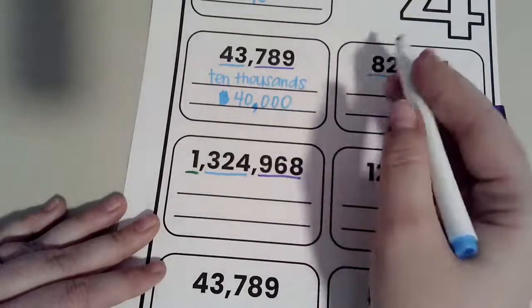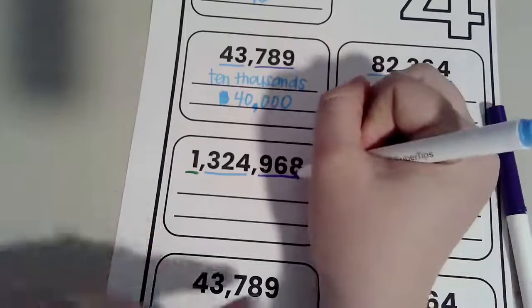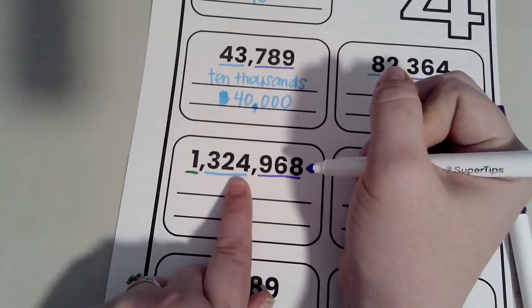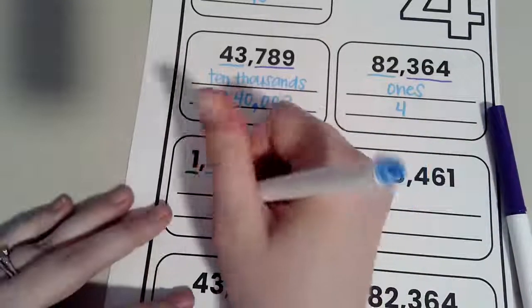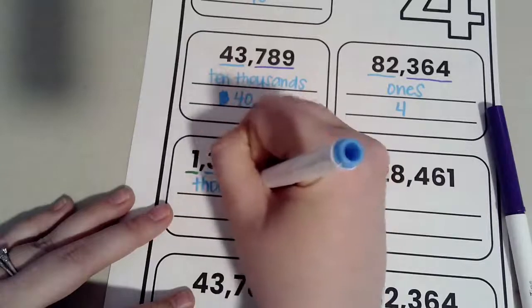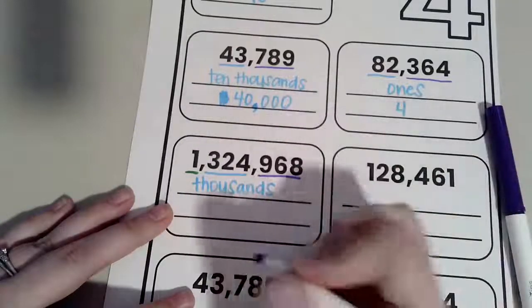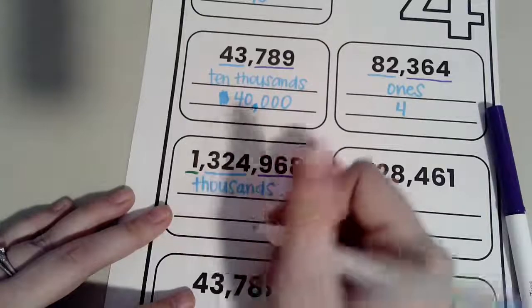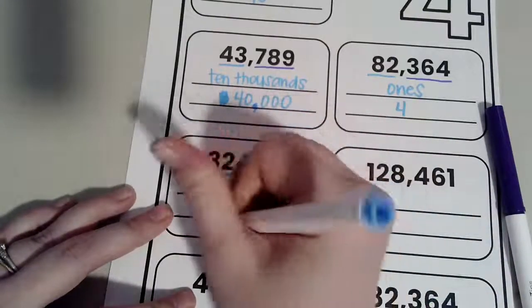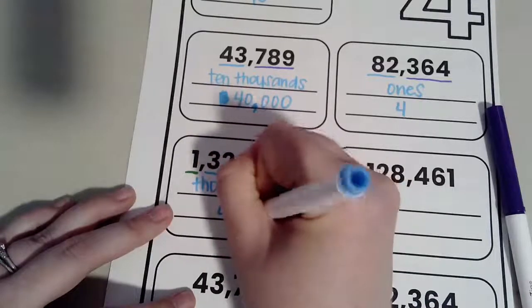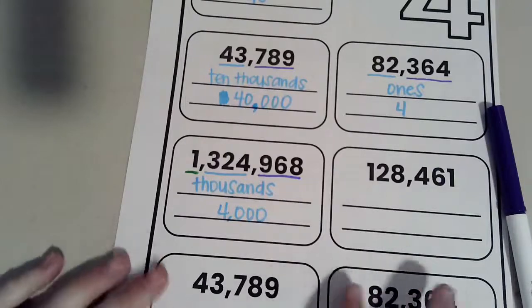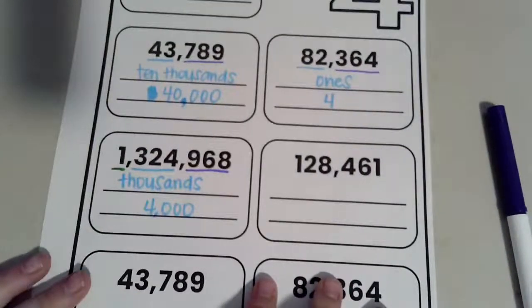Now we're in the thousands. So the place is the thousands place, okay? That's the place it's in. The value is 4,000, okay? You always can pause these videos, try it on your own and come back to check your answers, but make sure you do come back, okay?